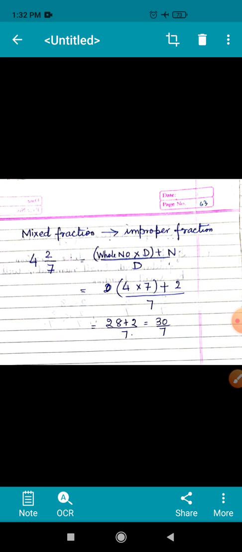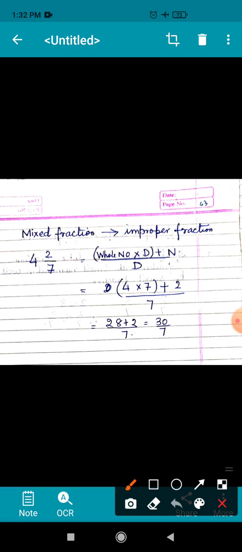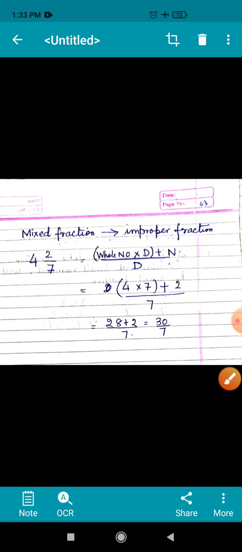Here you can see the whole number is 4 and the fractional number is 2 by 7. Both of them combined together make a mixed fraction. So, 4 whole 2 by 7 is a mixed fraction.